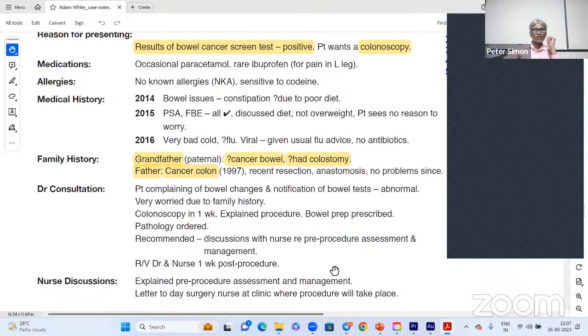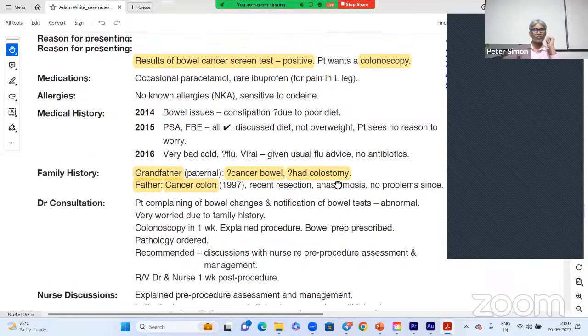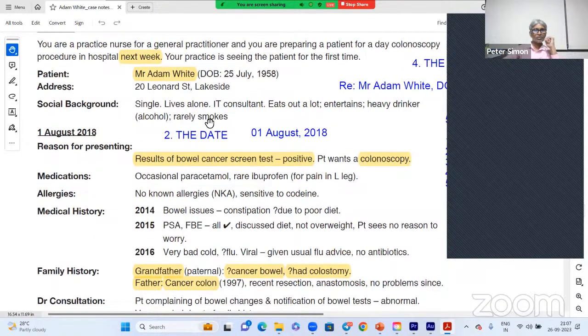So here, there are 2 points. Smoking also is there. Rarely smokes and heavy drink. So smoking and drinking.